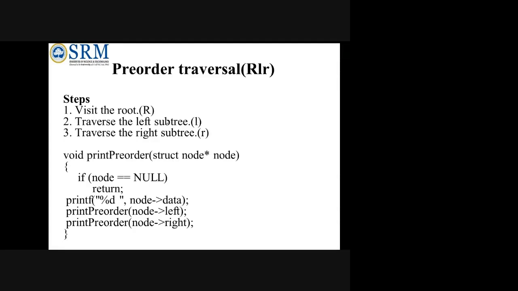So in pre-order, it will be root, left, right. This is what you have to keep in mind. You first visit the root, then traverse the left tree, then traverse the right tree. This is what you want to give as the code. Here is a function name, and node; all you have to initially allocate.